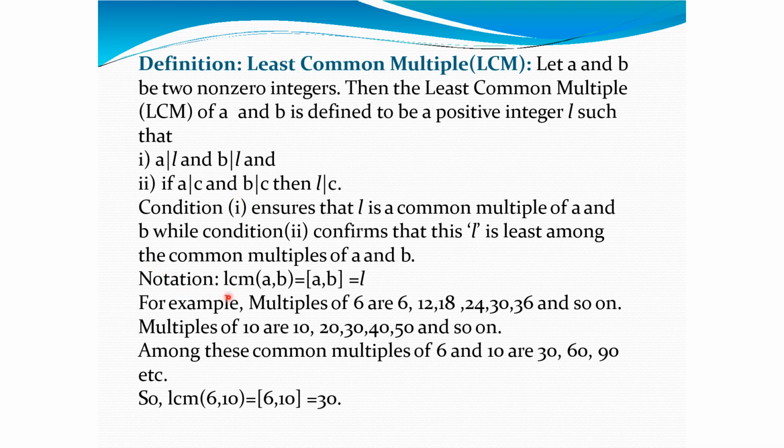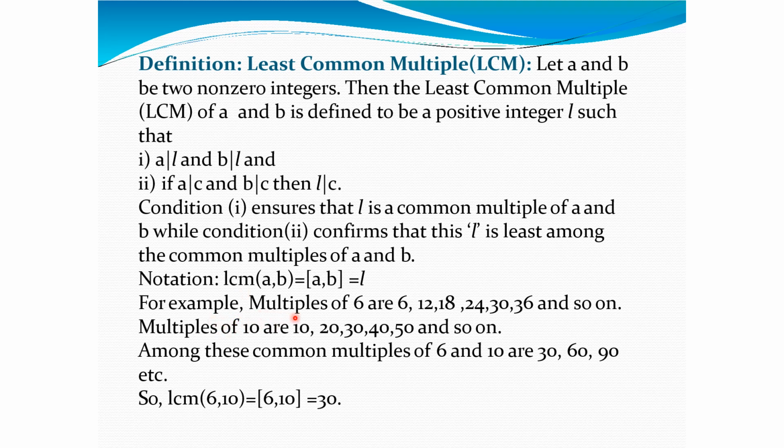Now see the notation of LCM of a and b. Either we can write LCM in round brackets a comma b, or we can use square brackets a comma b as the notation of LCM of a and b. Now see one example to clear the definition of LCM. Here we find LCM of 6 and 10. First find multiples of 6 and 10 separately.